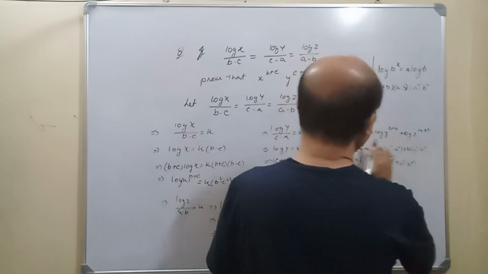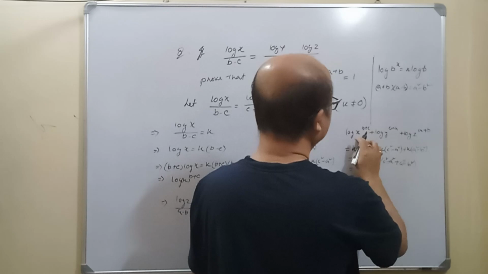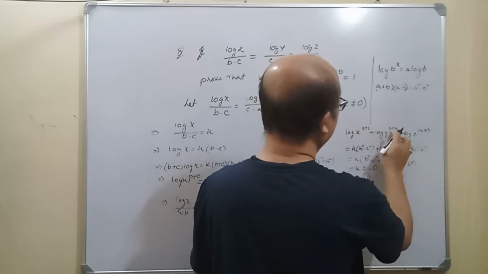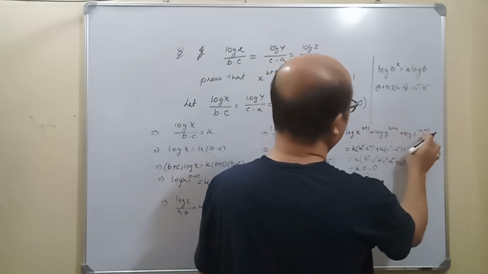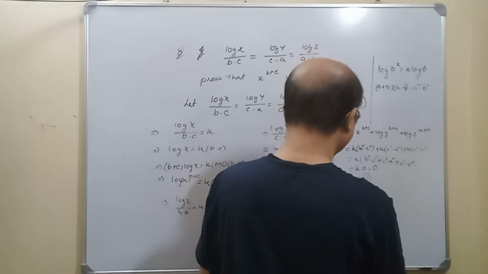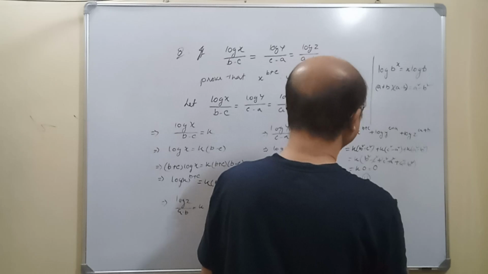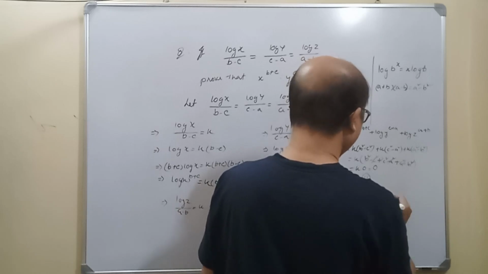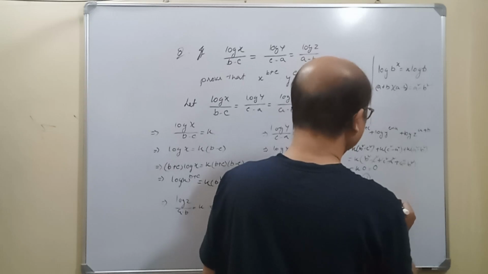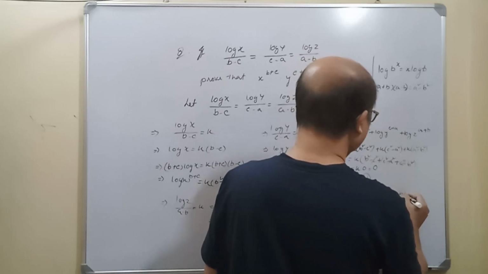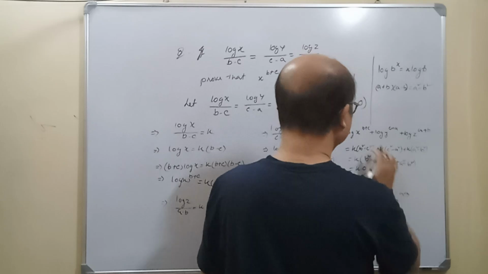Now this side, log x to the power b plus c plus log y to the power c plus a plus log z to the power a plus b is equal to log of x^(b+c) multiplied by y^(c+a) multiplied by z^(a+b).